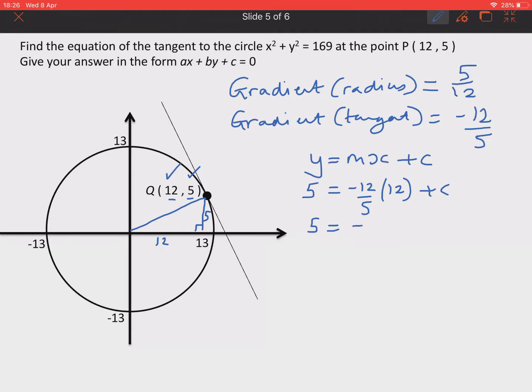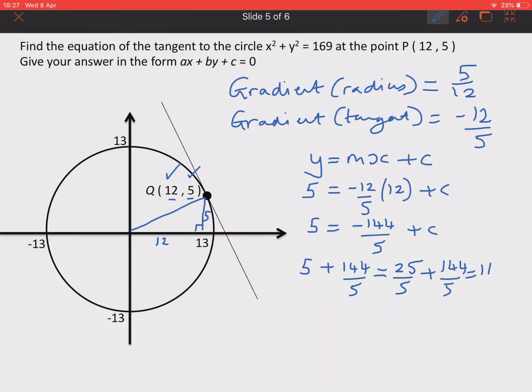So let's work out c. So 5 is negative 144/5 plus c. So I'm going to have to add 144/5 to 5 to get c. So let's change 5 into something with a denominator of 5, which must be 25/5 plus 144/5.